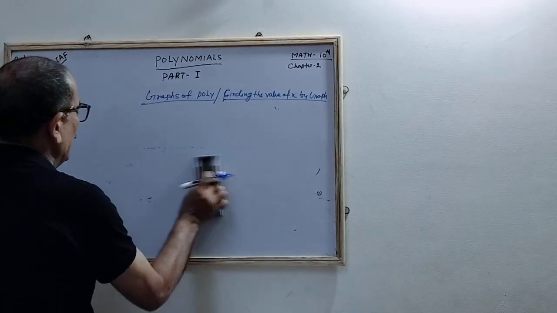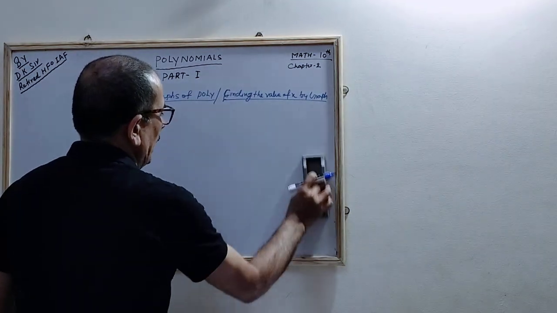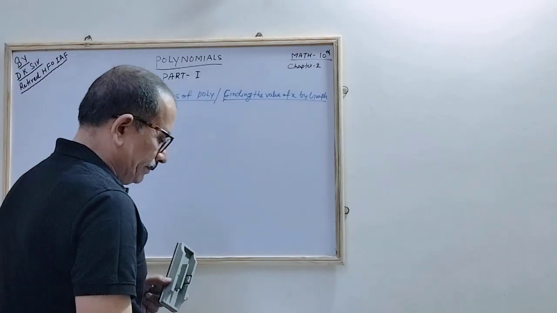You have seen that the graph of a linear polynomial is a straight line, and there is only one root, alpha.